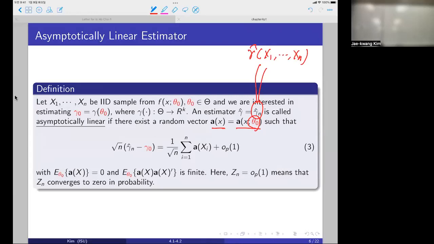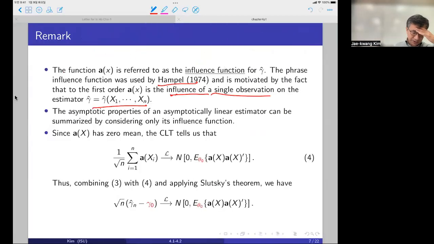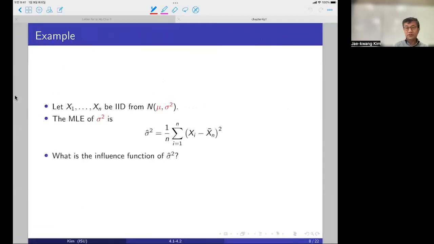Many estimators are actually of this form. At the end of the day, how to find the function A is the tricky part. Since A has zero mean, the CLT and Slutsky's theorem tell us this result. Let's use this example to figure it out. This is a very simple toy example: we have an IID sample from normal(mu, sigma squared), and the MLE of sigma squared is just this. This is basically a nonlinear function, right?